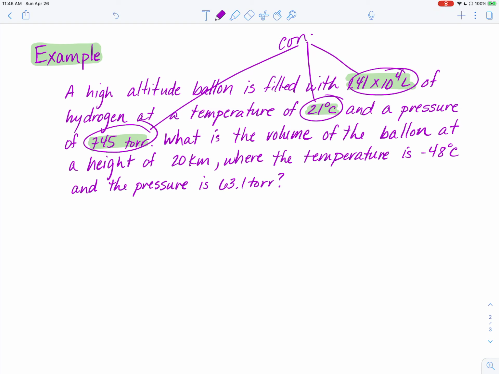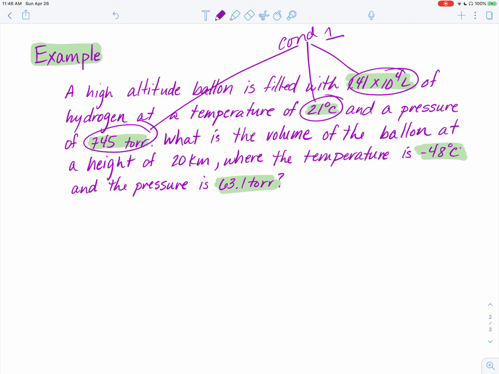We're going to call that condition 1. Then it asks, what is the volume of the balloon at a height of 20 kilometers, where the temperature is negative 48 degrees Celsius and the pressure is 63.1 torr.